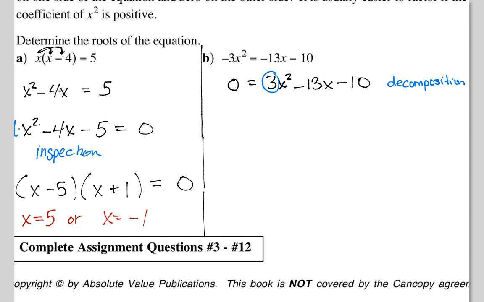Okay, so now we still have to do that thing where we have to find the magic numbers. You guys remember this from last week? Okay, I need two special numbers that multiply to -30 and add to -13.